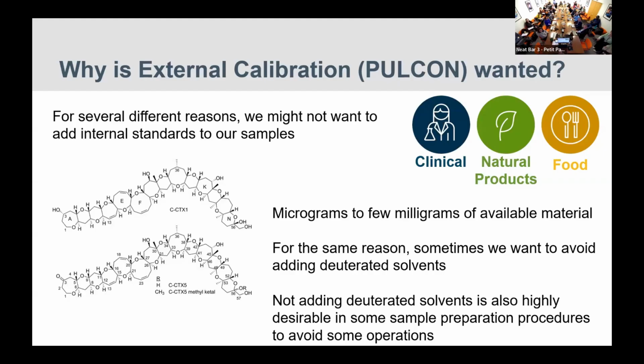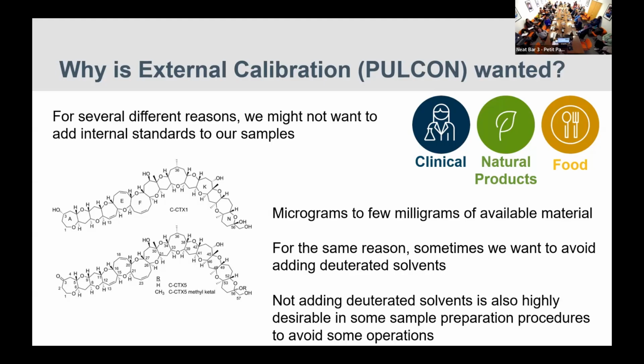In our work at the NRC, the main reason probably is that we work with very complex biotoxins for which we have to go through very complex isolation processes, and we end up having micrograms, when we are lucky a few milligrams, of material, and that's all you have of that toxin in the world sometimes. So we don't want to put any internal standards in this sample because it would ruin the whole world supply of those toxins.